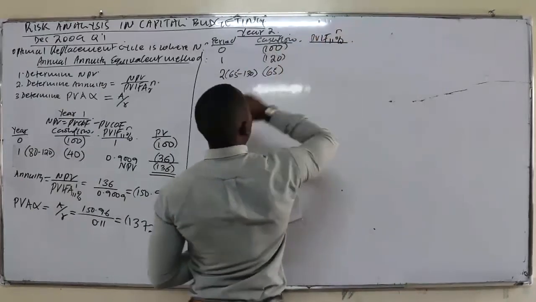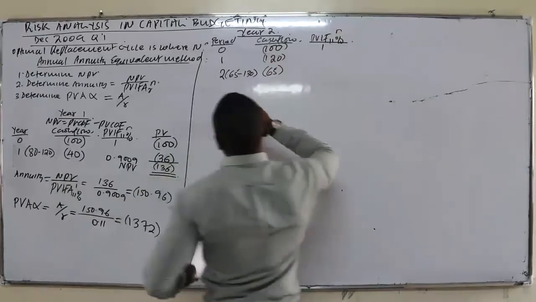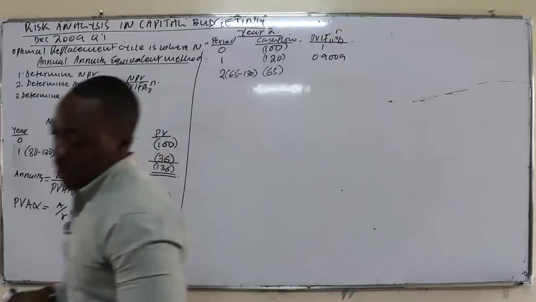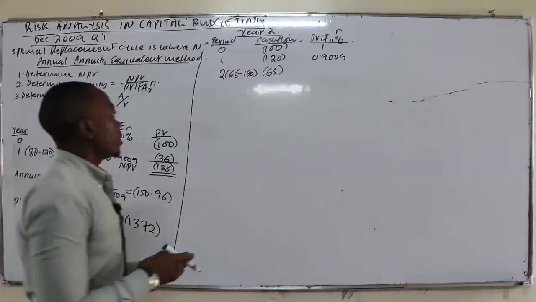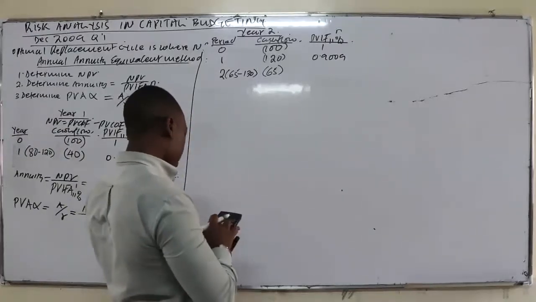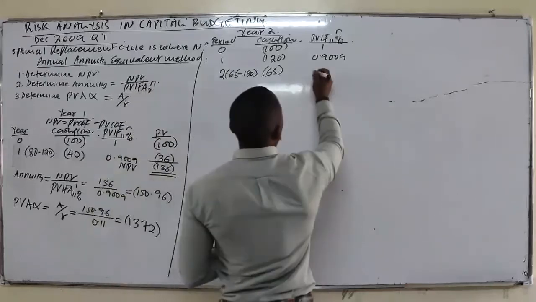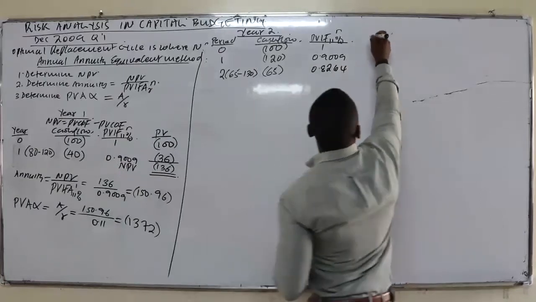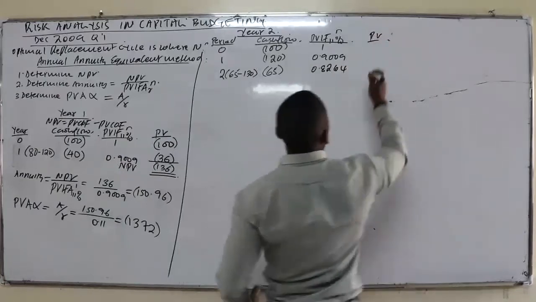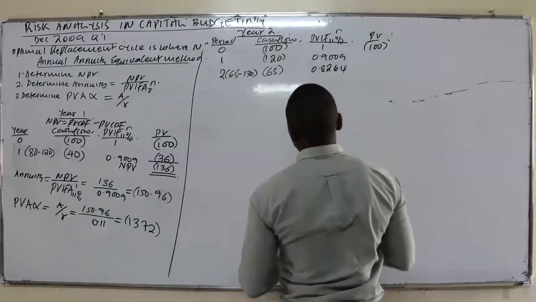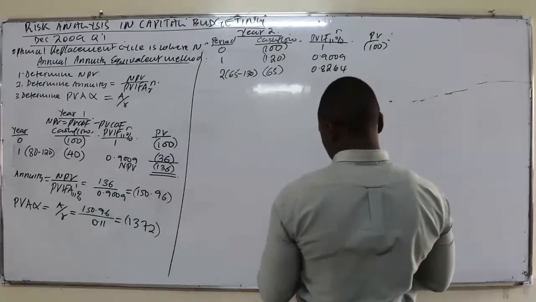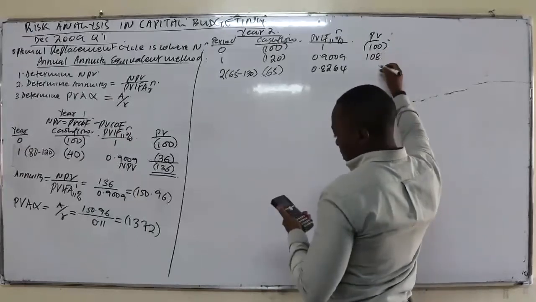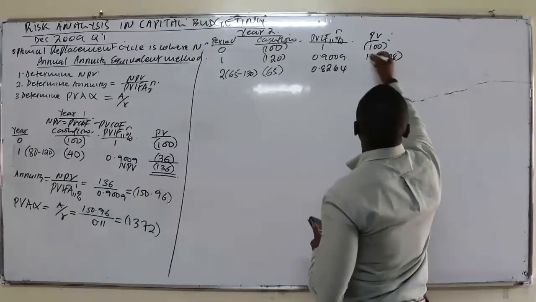So in year zero, the present value factor is 1. In year one, it's 0.9009. What about in year two? In year two, just take 1.1 raised to the power negative 2. You have 0.8264. With that, now let's get the present values. So that's 100. Here you have 108.108.